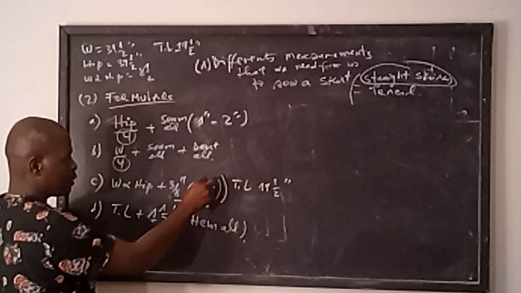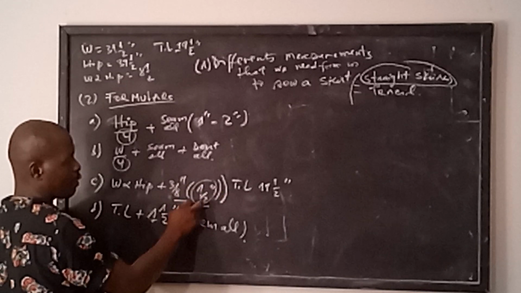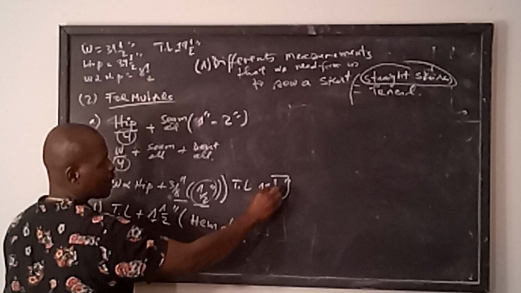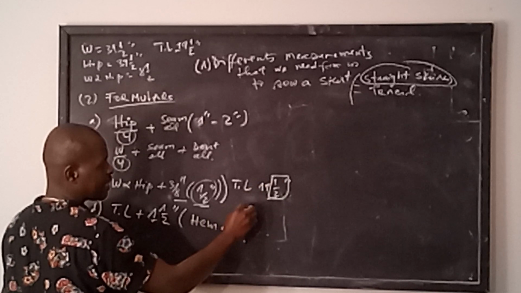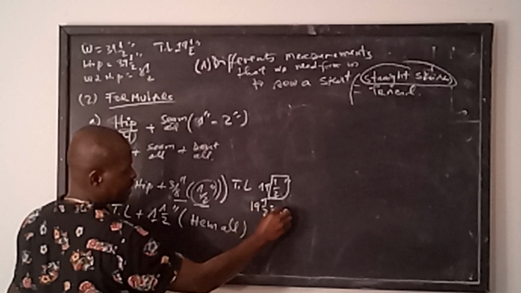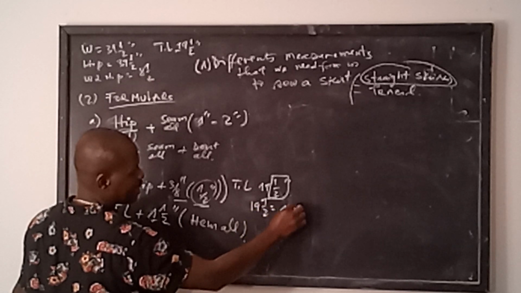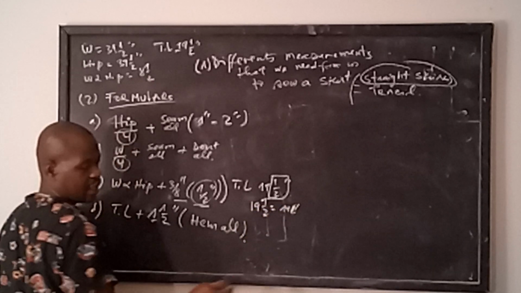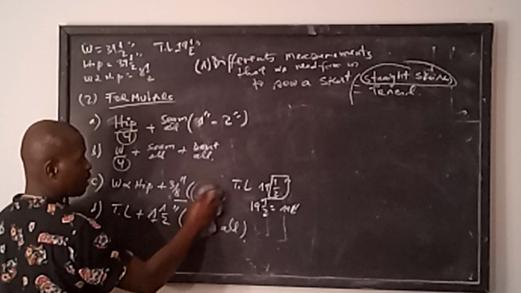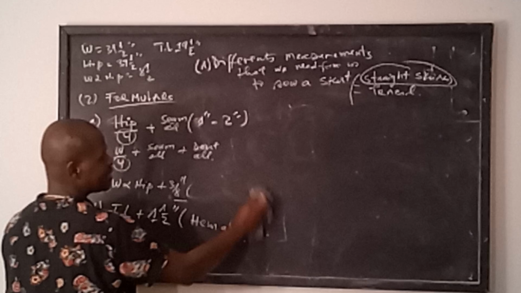Let's consider these are one and two. When you sew, you remove this quarter inch. So rather than the skirt being 19 and a half inches in length, it will be 19 inches only.